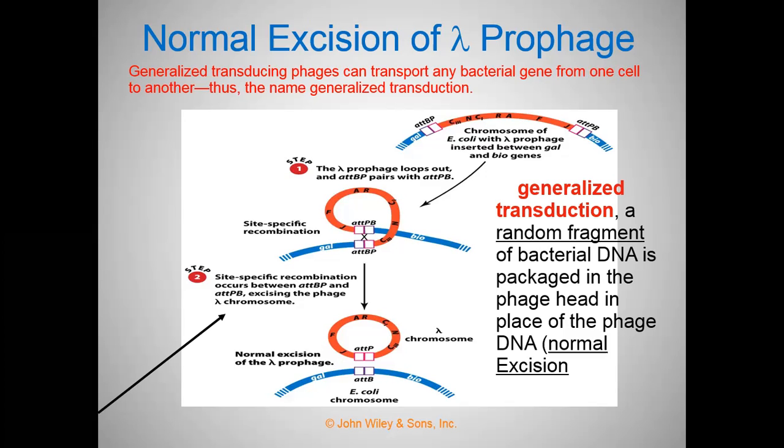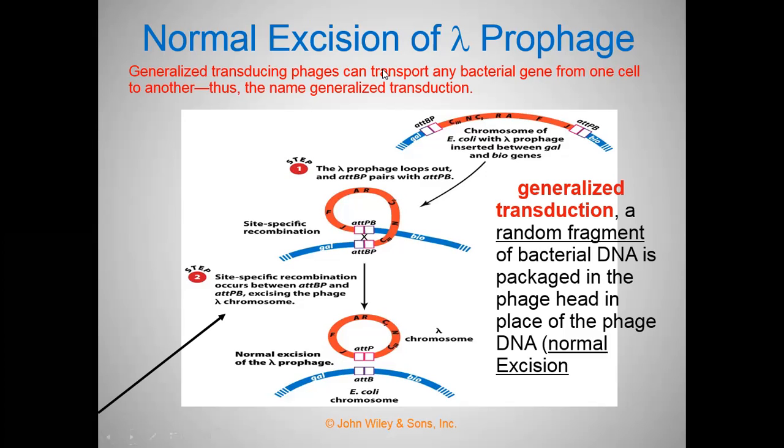Normal excision of the lambda prophage: the prophage loops out, and attB-P pairs with attP-B. This is a site-specific recombination.